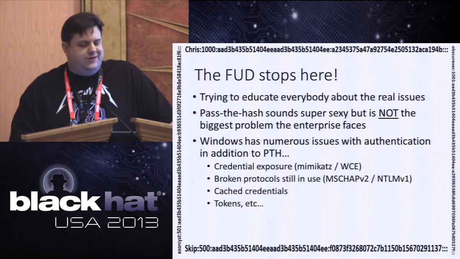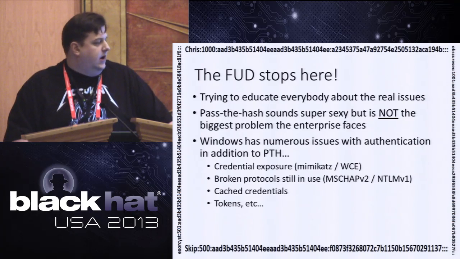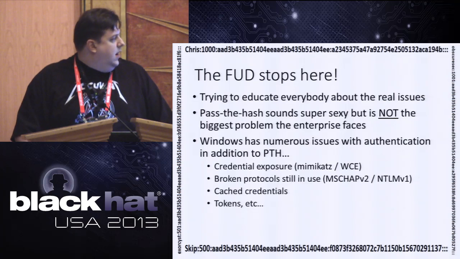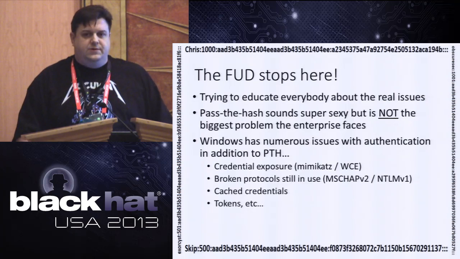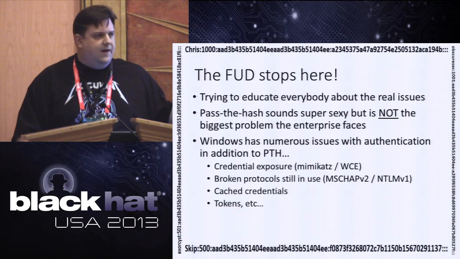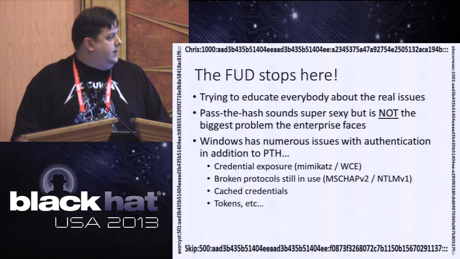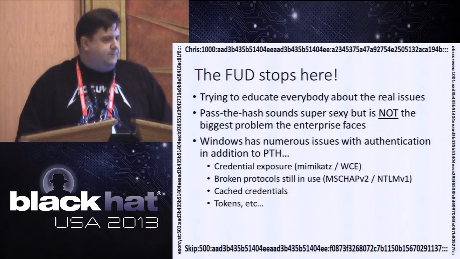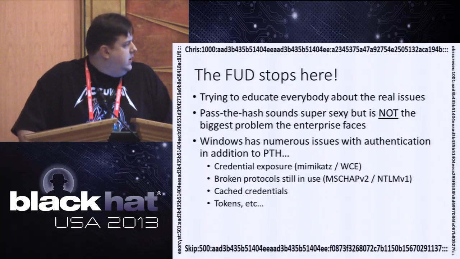Windows has numerous issues with authentication. I'm sure everyone has heard of Mimikatz and Windows Credential Editor, Benjamin Delpy's tool. There's broken protocols that are still in use. Last year, Moxie's talk introduced a cloud service that will crack MSChap/NTLM version 1.